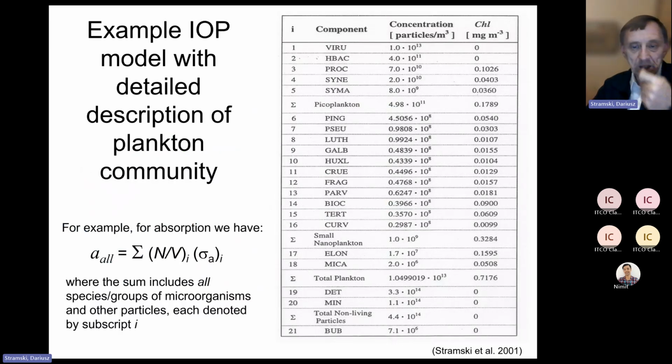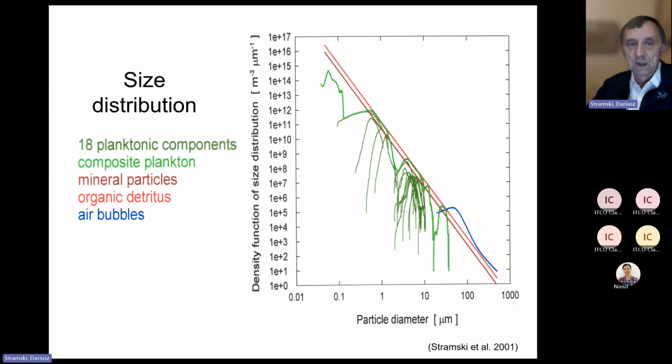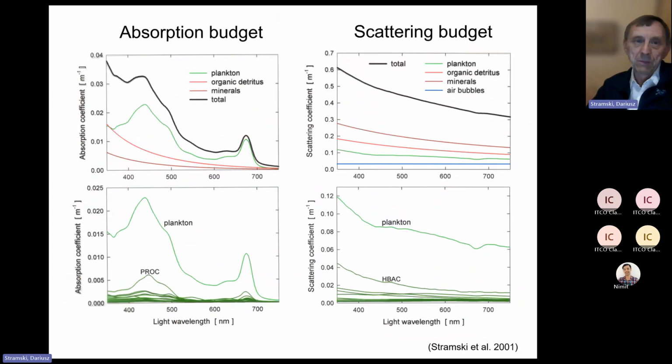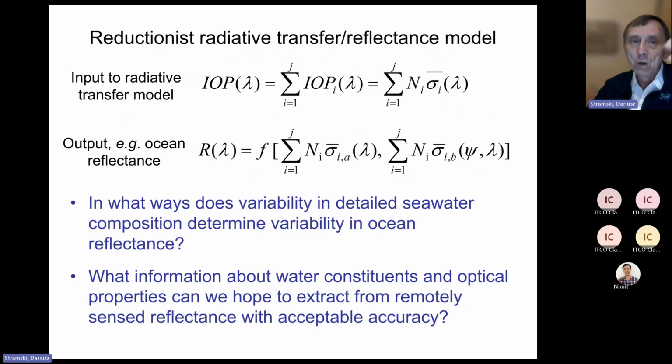Here we have 21 components that are put together, and we can develop absorption budgets and scattering budgets: how different particle types, different planktonic organisms contribute to absorption or scattering. We can also run radiative transfer simulations in which we have a mix of particles.